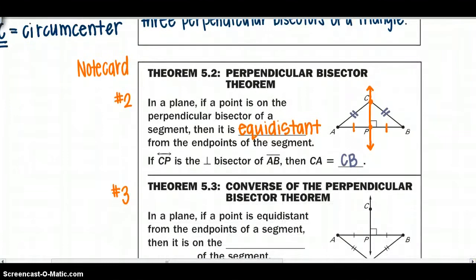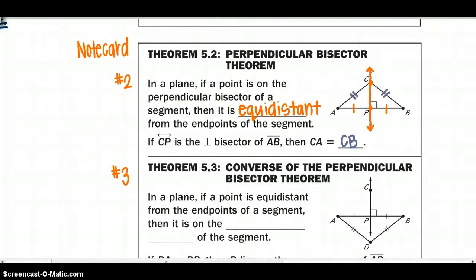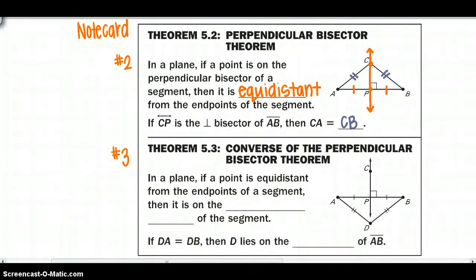The second theorem for this section, note card number 3, is theorem 5.3, the converse of the perpendicular bisector theorem. So we're going to flip it. In a plane, if a point is equidistant from the endpoints of a segment, then it is on the perpendicular bisector of the segment.